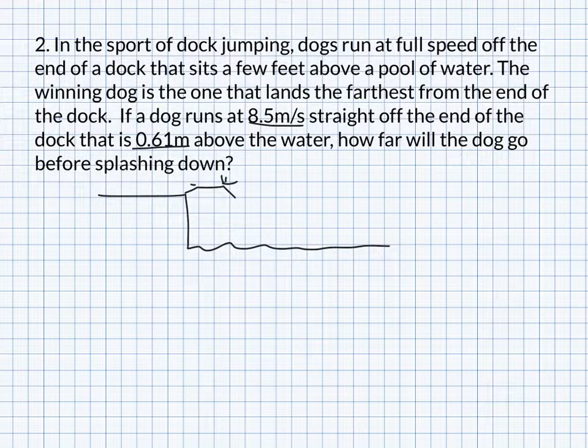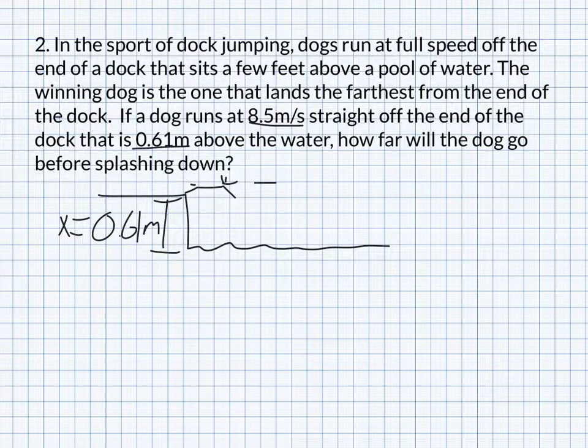There he goes, off the edge. And we're going to label some things here from this narrative. We know the dock is 0.61 meters above the water. That's a delta x. We know the dog was running at 8.5 meters per second straight.